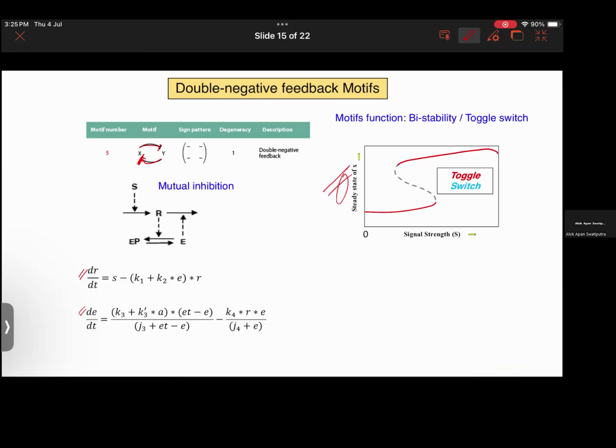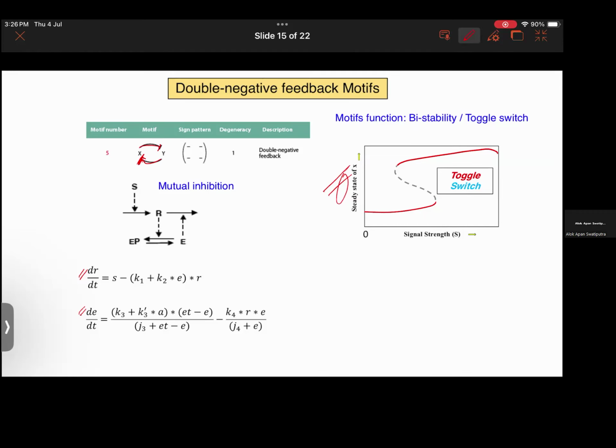Because think carefully. X is inhibiting Y is inhibiting X. Right? So in a sense, isn't X activating itself? You are decreasing something which affects you negatively. You are decreasing something which harms you. So in a way, you are increasing yourself. Right?